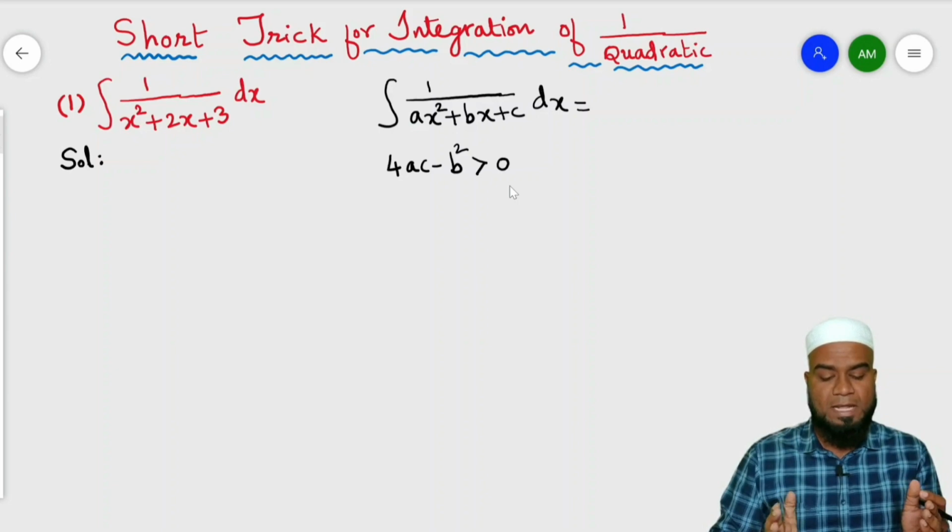You know that b square minus 4ac, right, it is the opposite sign, 4ac minus b square.